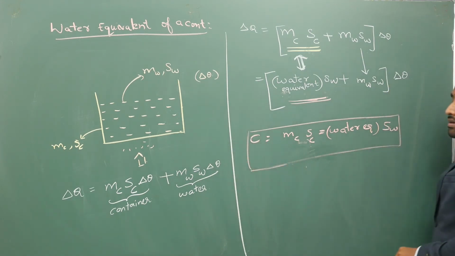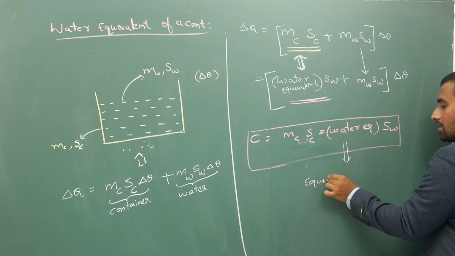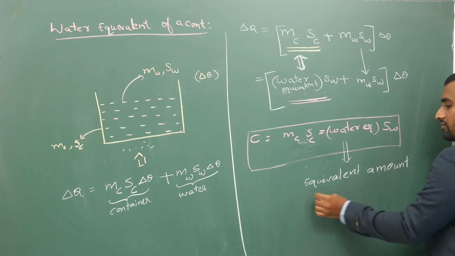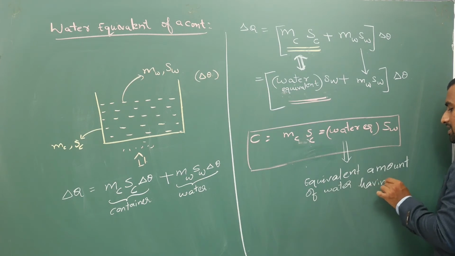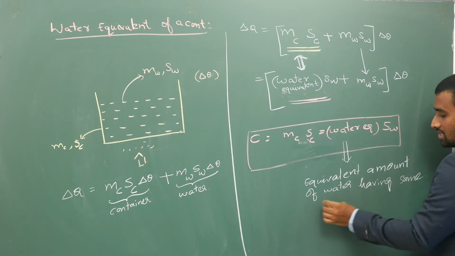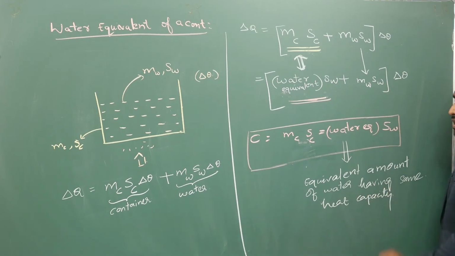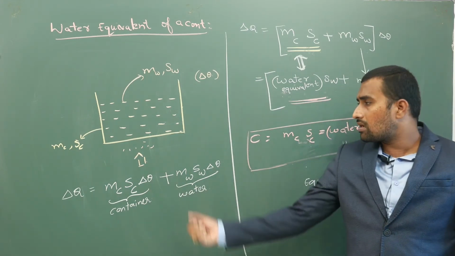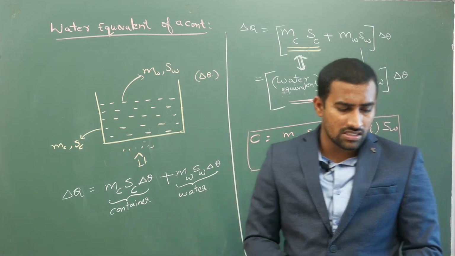So from here, water equivalent is the equivalent amount of water having the same heat capacity. That's all, nothing else. So whenever you see the mass of container, if the water equivalent is known, directly substitute it. Your problem becomes easy.